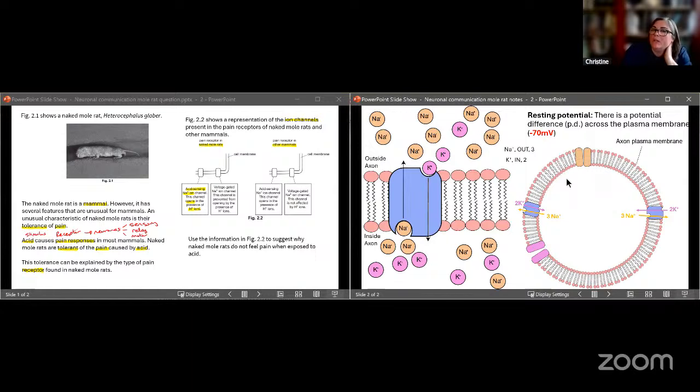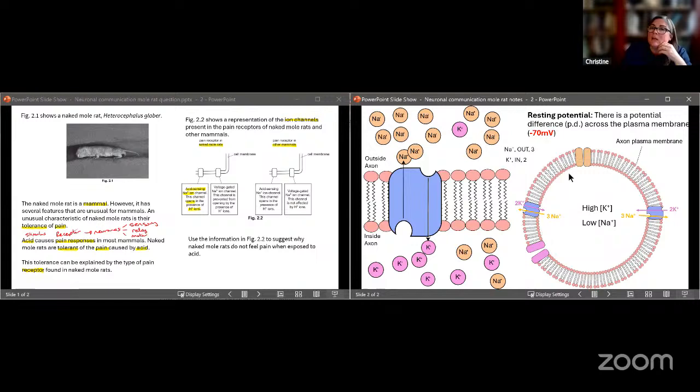This is the inside of our cell, and this is the outside of the cell. We want to ensure there is a potential difference of minus 70 millivolts. To maintain that, 3 sodium ions are pumped out and 2 potassium ions are pumped in.